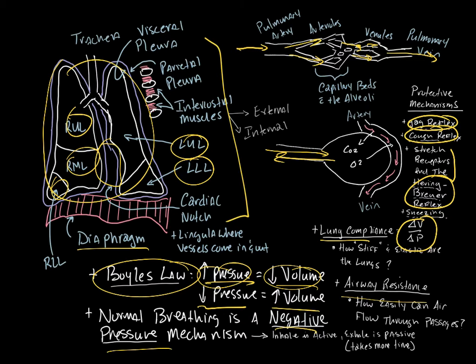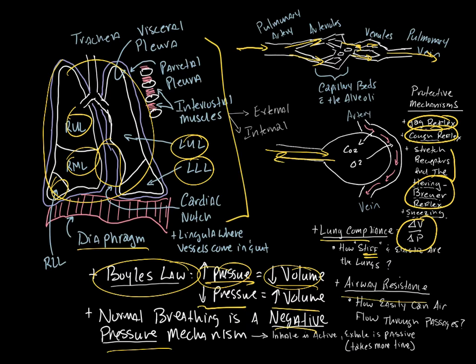So how much pressure does it take to cause a certain change in lung volume? The way we can look at this is, how stiff are the lungs themselves? How hard is it for the lungs themselves to inflate? That is one way of looking at lung compliance.